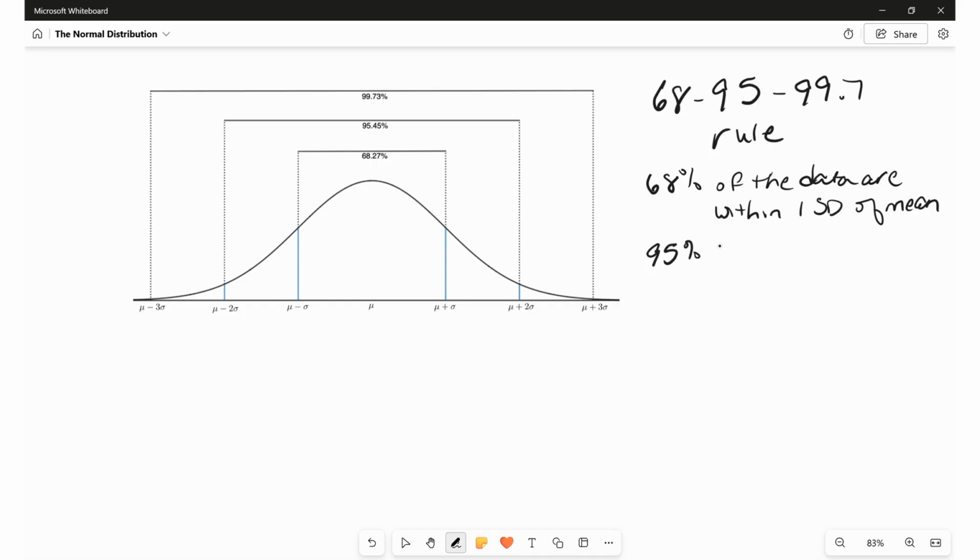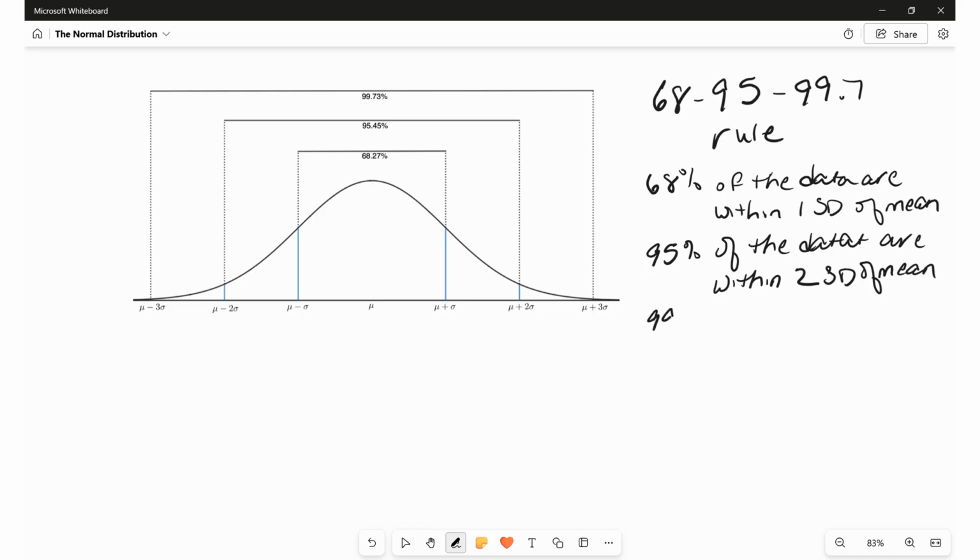95% of the data are within two standard deviations of the mean.